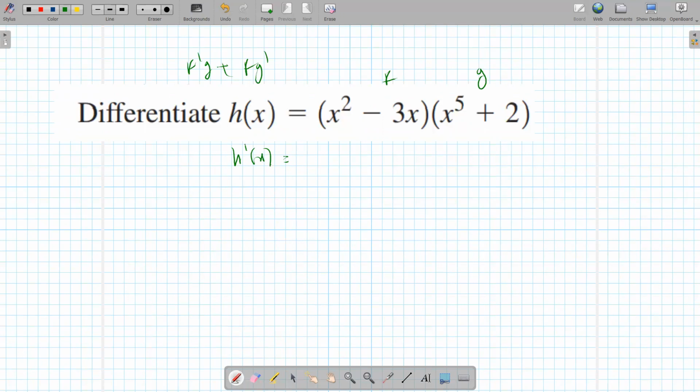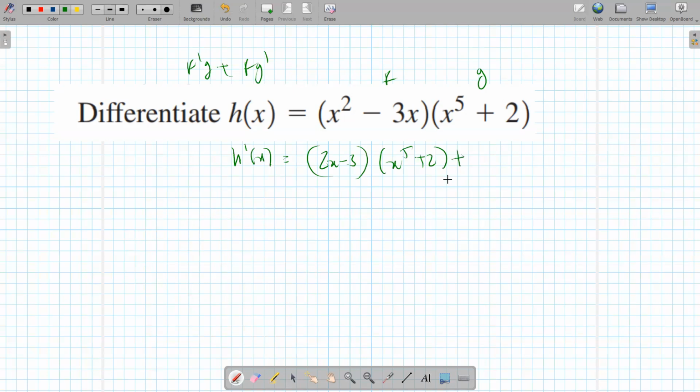So we're first looking at the x squared minus 3x, the f. So basically we're looking for f prime here right now. 2x minus 3. Yeah, that's perfect. Times what? All of g. All of g as it is.